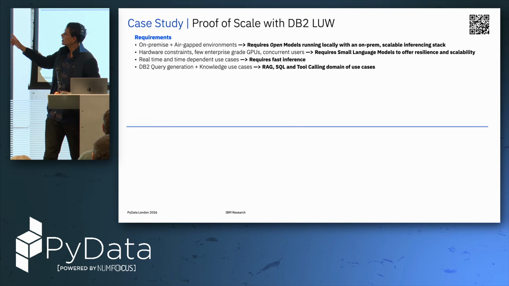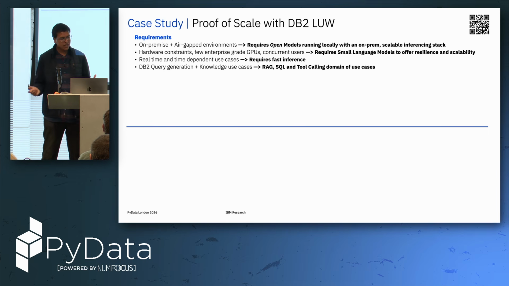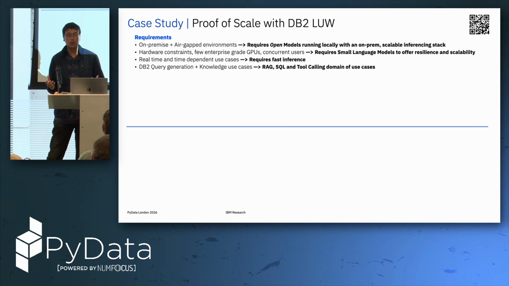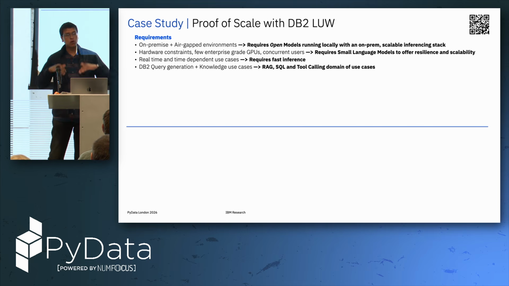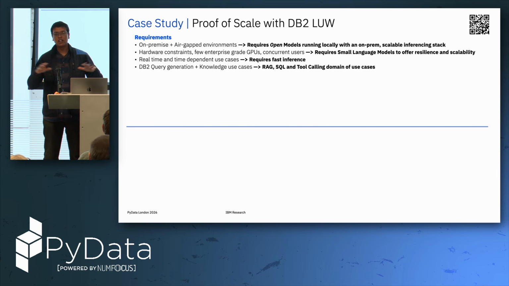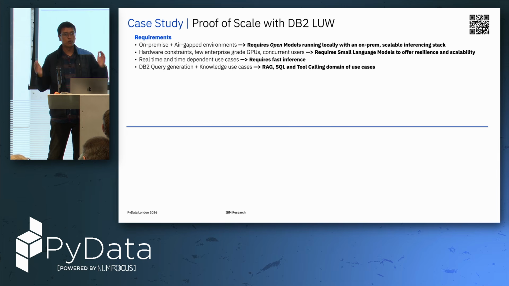So that meant that the DB2 team needed to build an architecture where they could run open models locally and have a scalable inference stack locally as well. The clients had hardware constraints. They had a few enterprise-grade GPUs, and they wanted concurrent users. So that meant to actually get the reliability, the resilience, and the scalability, your models had to be sufficiently small so that, whatever memory you have, you can use it in terms of scaling up rather than just using it for one model deployment or one agent deployment.